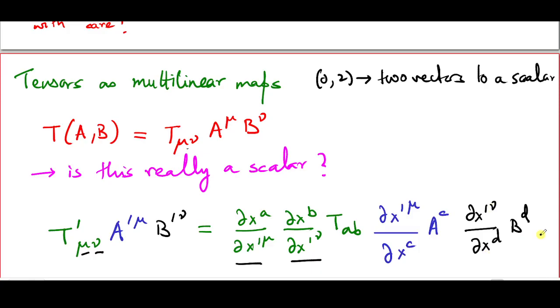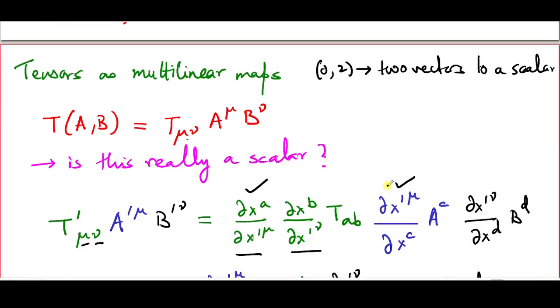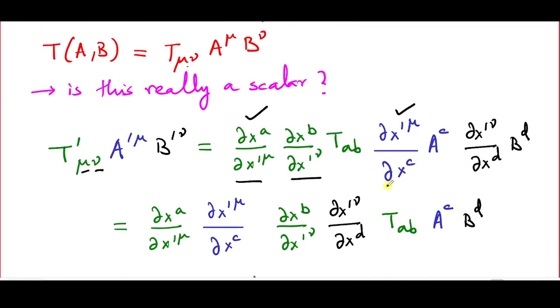Now, note that here this partial derivative and this partial derivative, they are different kinds of partial derivatives. This is a covector transformation coefficient, this one is a vector transformation coefficient. But they share the same index μ. One's upstairs, another downstairs, so there's a sum involved. Now let's bring such terms together. So these two terms we are bringing together, and this one I am bringing together with this one, where again there is a sum over the μ index which is repeated.